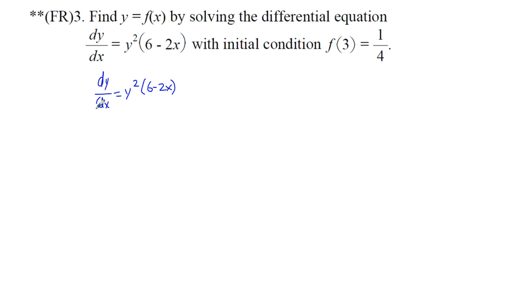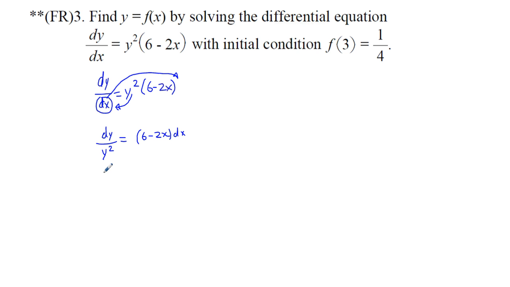And we're going to cross multiply the dx, and we're going to divide by y squared. So what we have here is dy over y squared equals 6 minus 2x dx. Okay, we have separated.